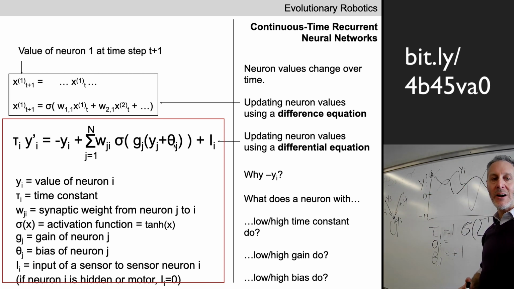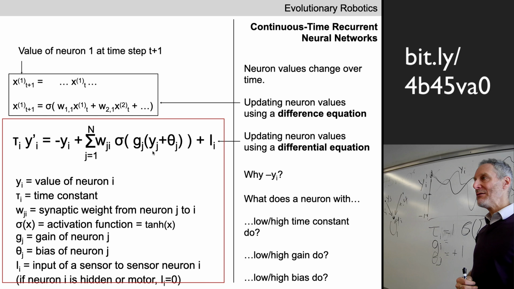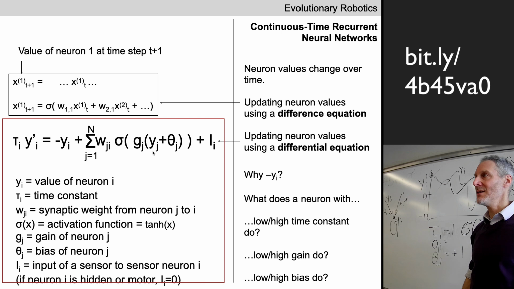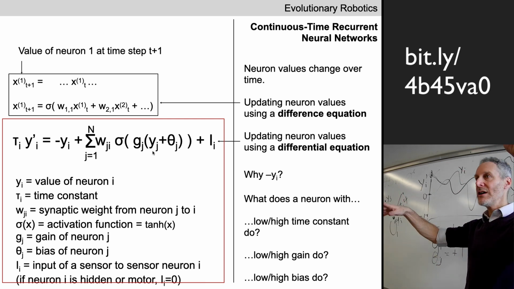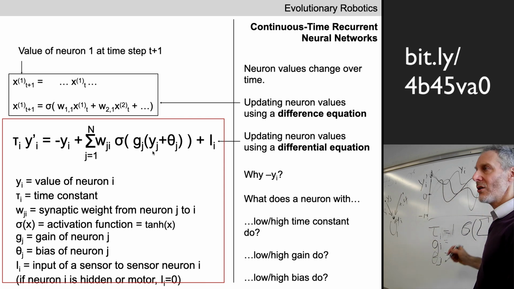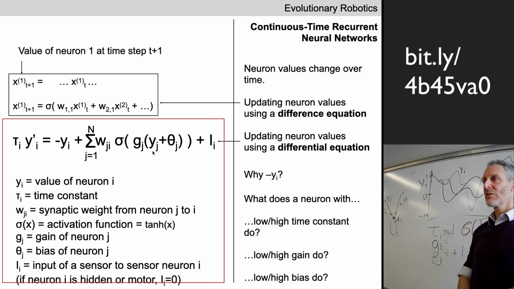It depends on their thetas, g's, and taus. So 4 of the 19 y values are now non-zero, and they start influencing the other neurons that are 0, and all the other neurons start to turn on and do whatever they're going to do. So far, so good? Okay, that's a lot of build-up.